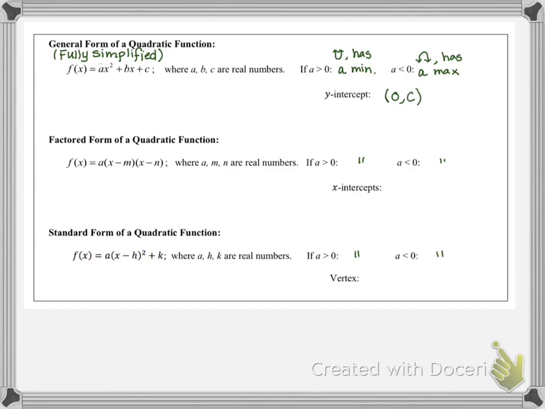And then factored form of a quadratic equation is a product, right? So that means that there is no addition or subtraction outside the parentheses. So it's a product, all multiplication.